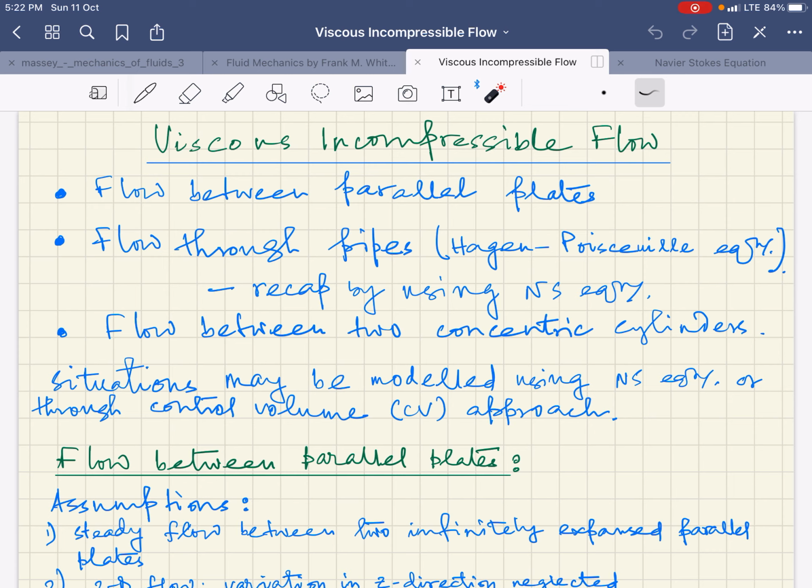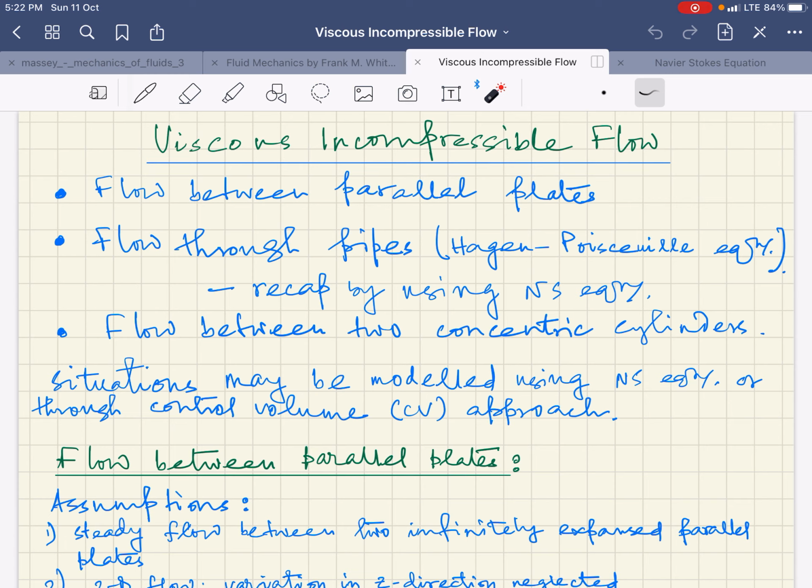So let us start with the first topic. As I said, it is viscous incompressible flow, whereby we need to look into the effect of viscosity. In this topic, there are some simple situations which we are going to understand, and those are written in bulleted form.